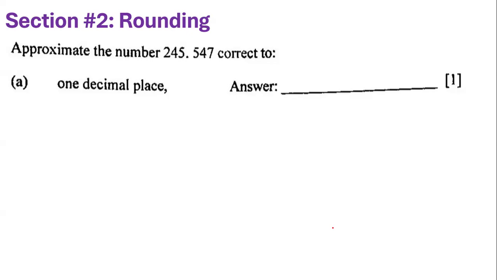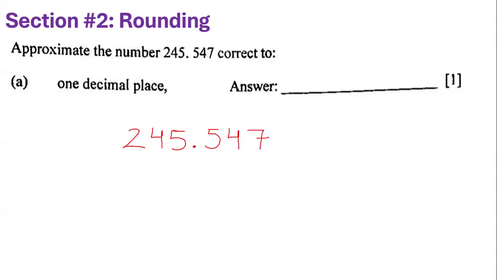You're private school children. So we have 2, 4, 5 point, 5, 4, 7.